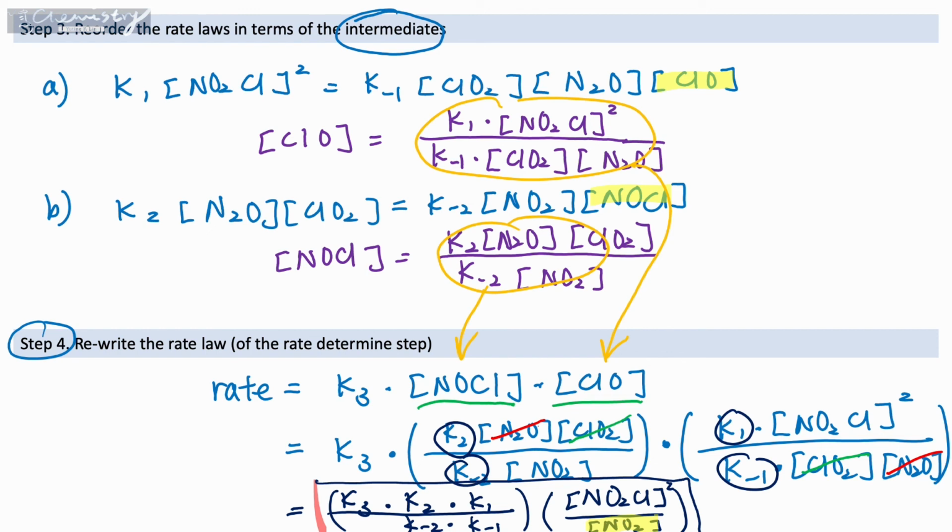Therefore, we look at the rate law from the rate determining step C, and see which intermediates we have to replace. Then we go back and say, okay, we need to find a way to replace NOCl and also ClO, and that's why we did all the rearrangement. After we find that, we plug it in, cancel it out, and find our overall one.